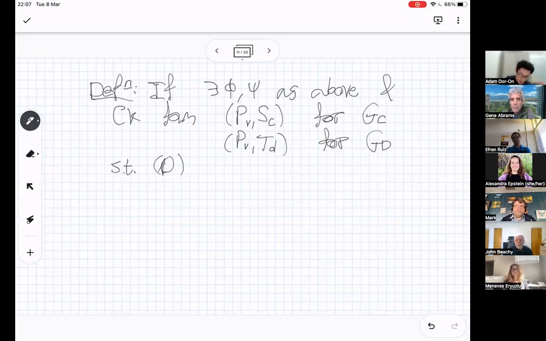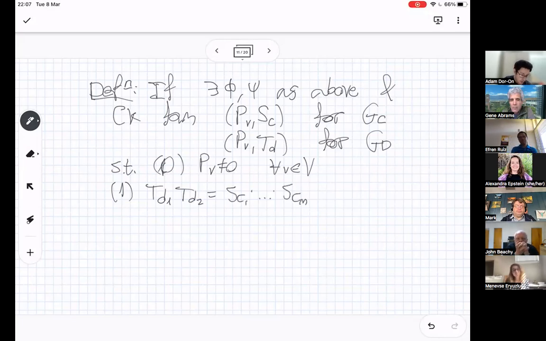Zero is that the projections are non-zero for all V. The first is the first relation encoded in operator form. T_D1, T_D2 is going to be S_C1 up to S_CM. This is if psi of D1, D2 is C1 up to CM. Second is the other relation, S_C T_D is going to be T_D' S_C'.